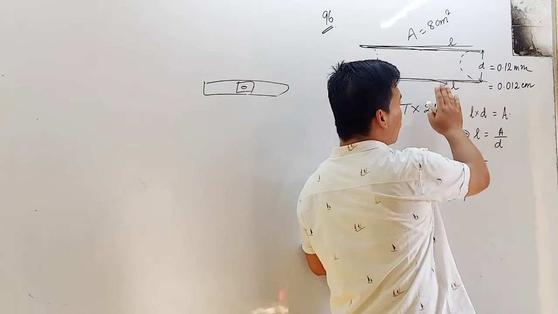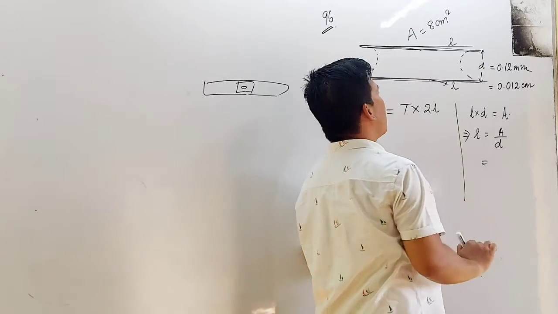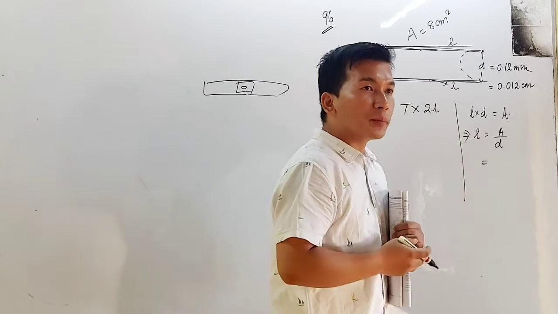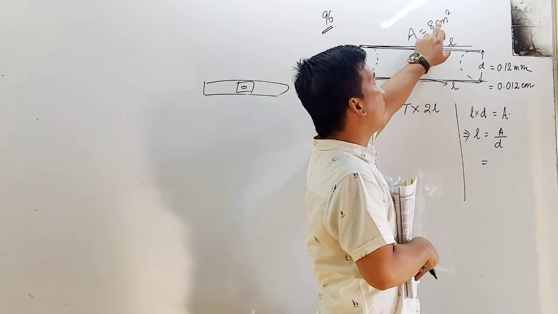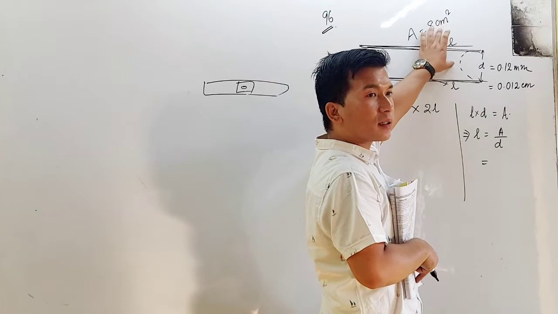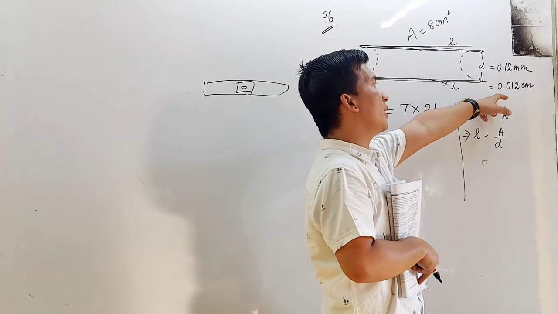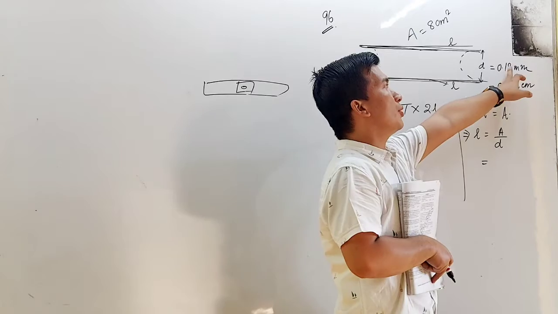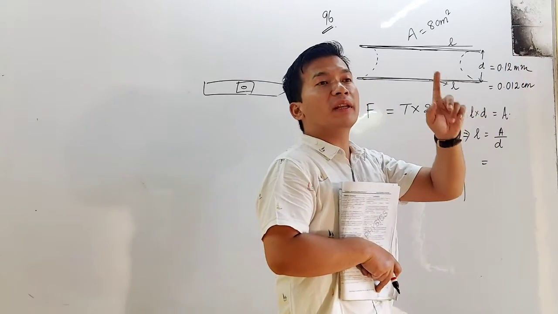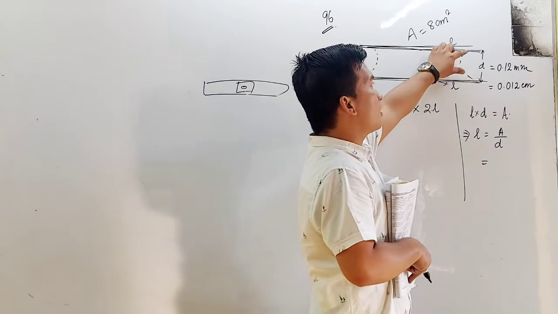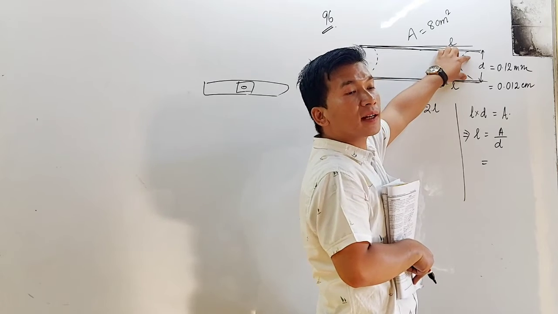So calculate this question number 96 from our mathematical point of view. Area is given as 8 centimeter square, and thickness is 0.12. Area is length into length, and even though this is thickness, it is also a length.